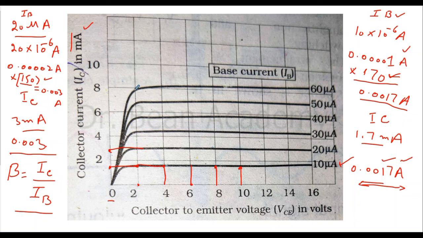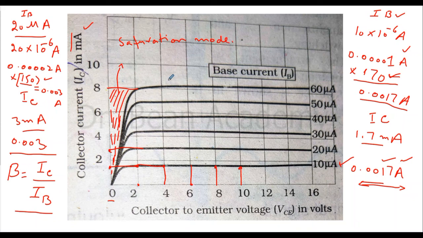And the last region, this region, is the region where both junctions are in forward biasing. That's why we call it the saturation region. This is the region where the transistor is in saturation mode or on mode.